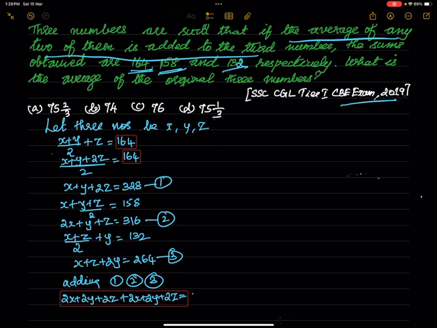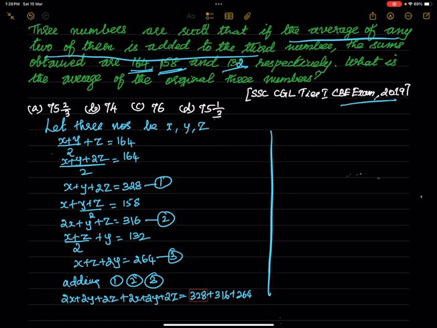what is the RHS? Add all the RHS: 328 plus 316 plus 264. Am I right?